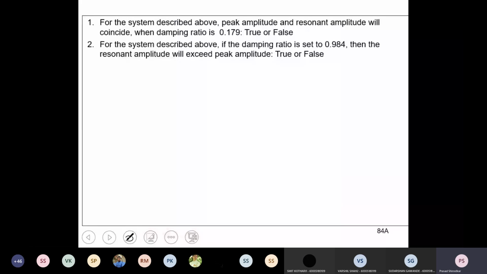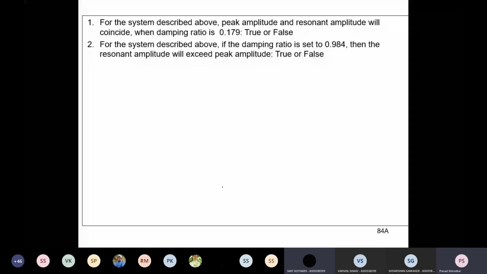Now go ahead and answer the first two questions of the quiz. Open up your quiz and answer these two questions. Just select the answers, do not submit it.